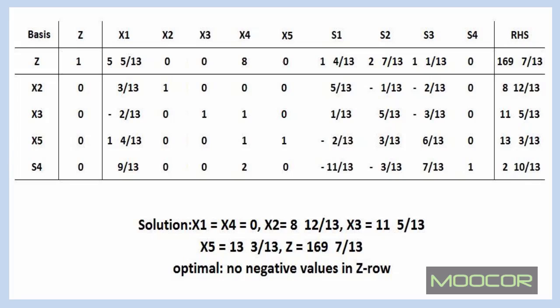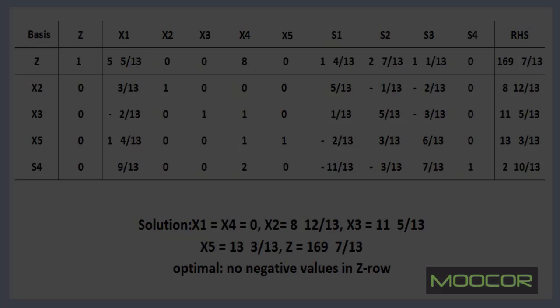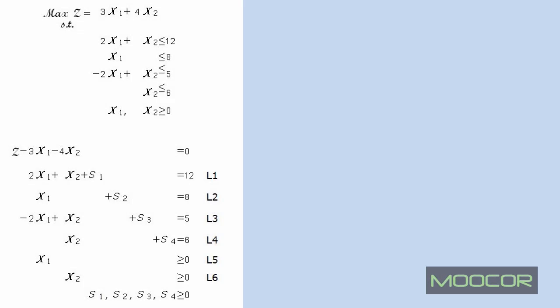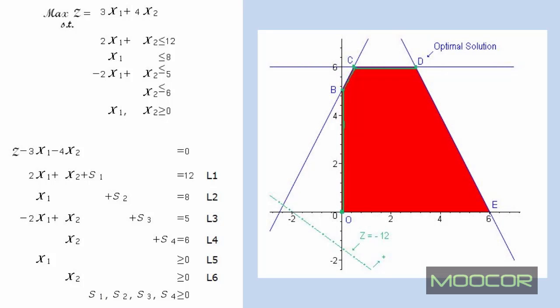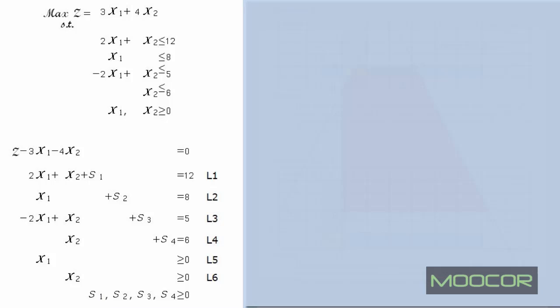Let's do another example, but this time I'm doing it as a 2-variable problem because I can plot it. In this maximization problem, I have 2 variables, 4 constraints. I have written the problem in standard form, and the first tableau, the second tableau, and so on are drawn.